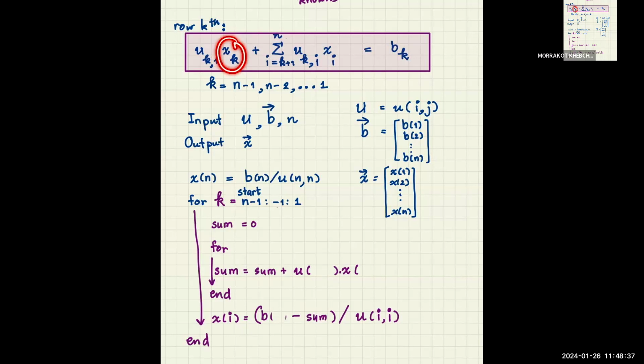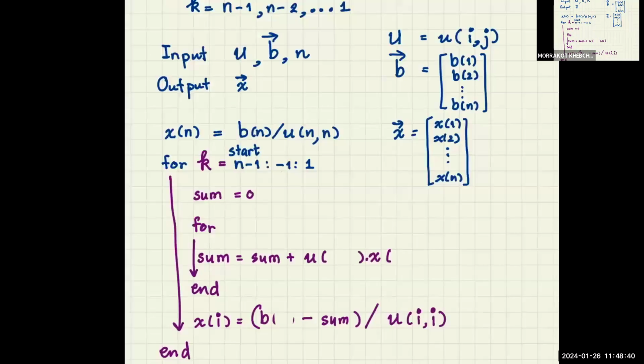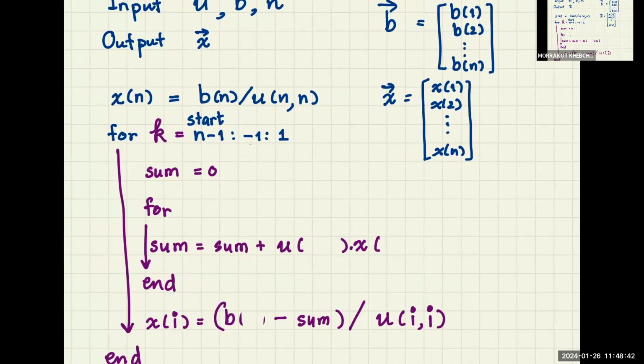So x k, and then it doesn't matter actually, but I don't want you guys to be confused. i equal to k plus 1, step 1 up to n. So it's going to be u k i x i is the sum.